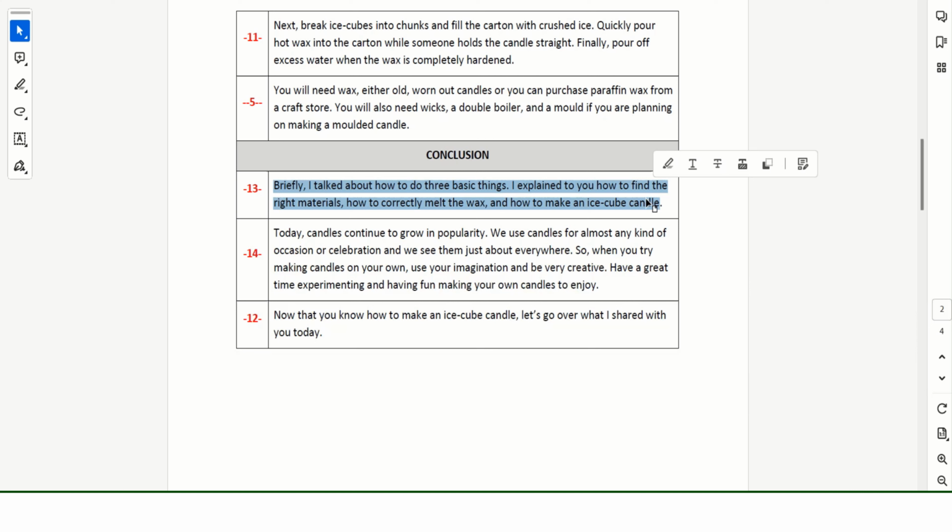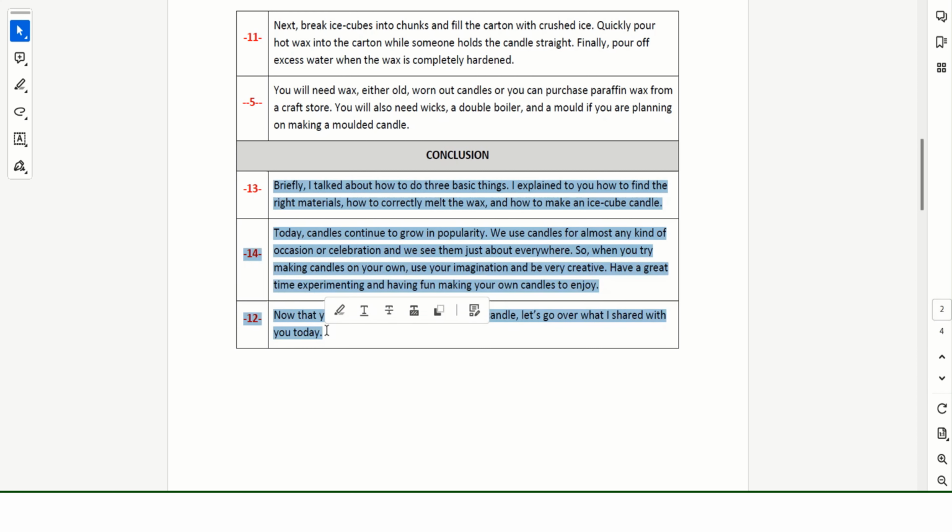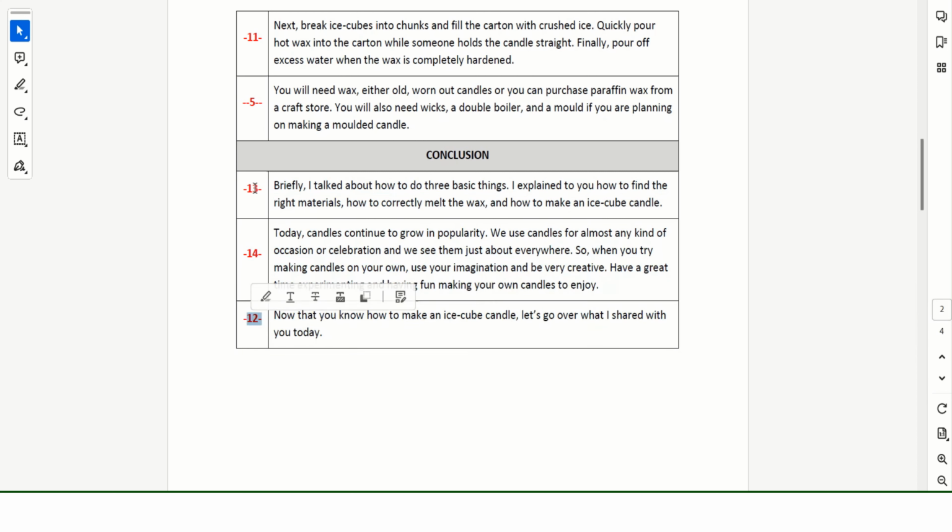You rewrite what you have stated earlier in the body paragraph, and you go to the last part here because this is more of a general version of the 3 paragraphs or 3 sentences that you have over here. And that is the reason why this is number 12, number 13, and number 14.